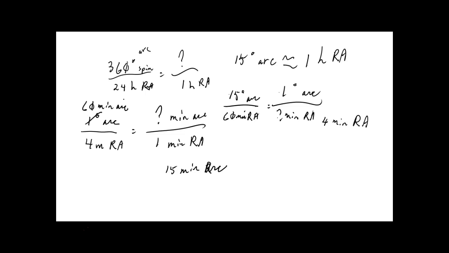The vernal, or spring, so you start there. March 21st. You'll notice there's the ecliptic, the dotted line, there's the equator, so they cross right there.